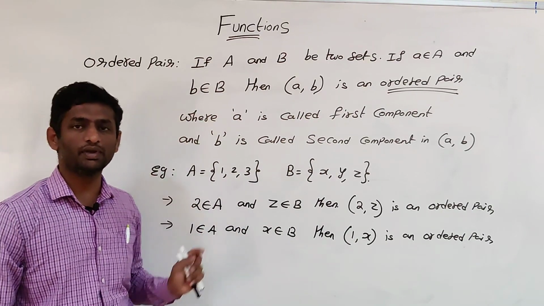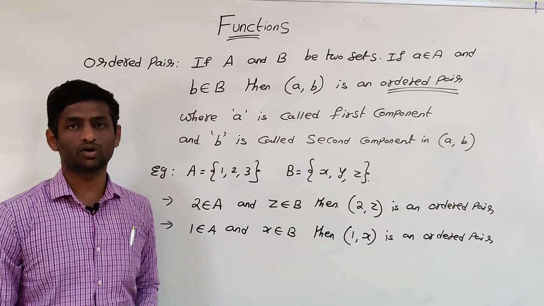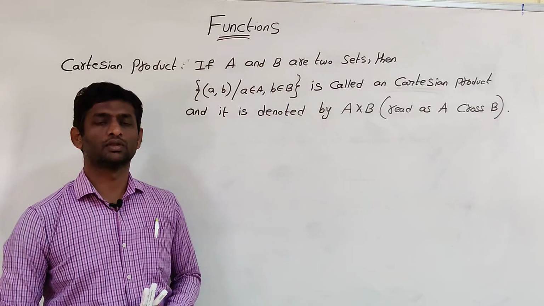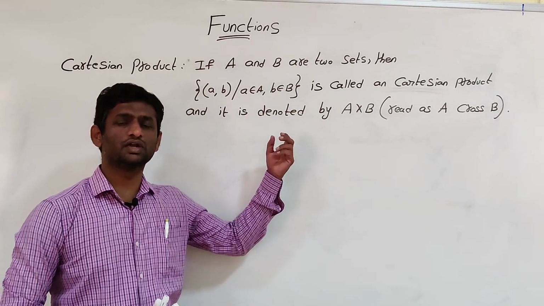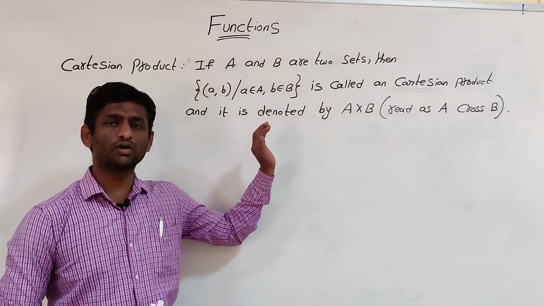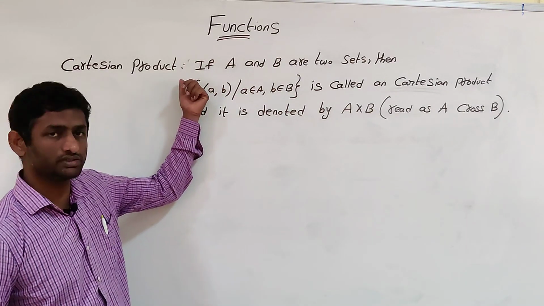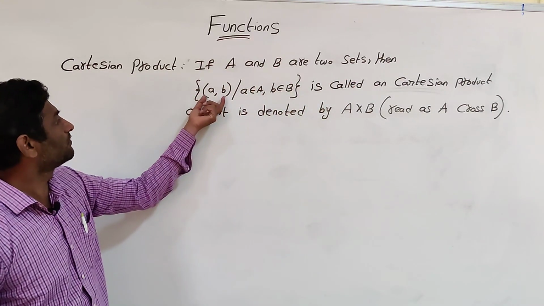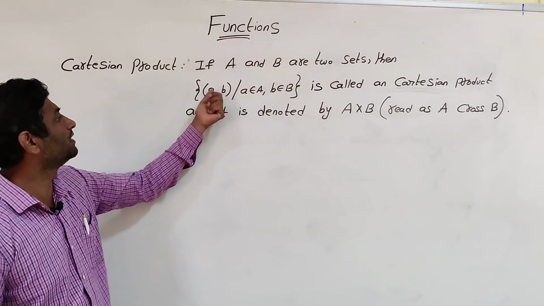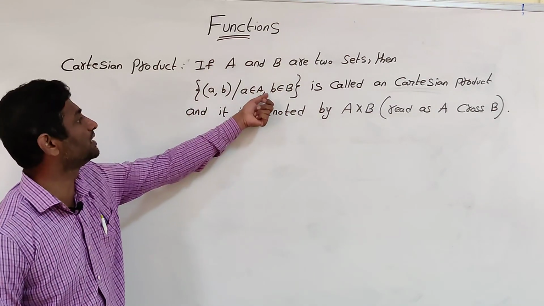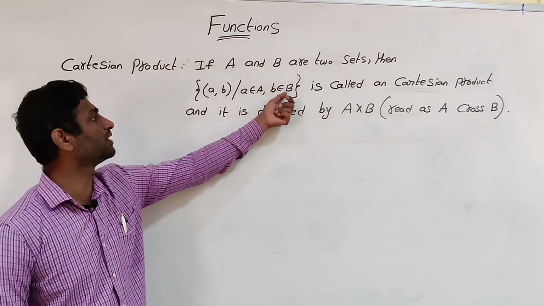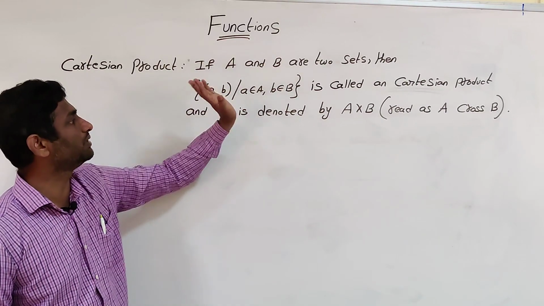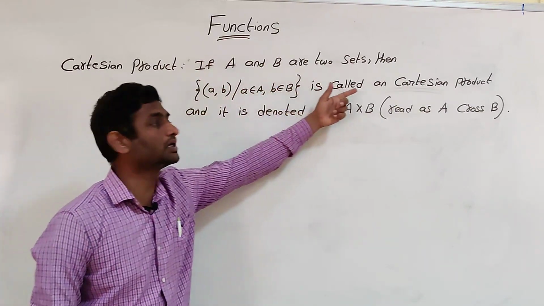Based on the ordered pair, now we'll go to the Cartesian product. If A and B are two sets, then it is the set of all ordered pairs (a, b), where a is the first component from set A and b is the second component from set B. If we collect all the ordered pairs from set A to set B, it is called a Cartesian product.